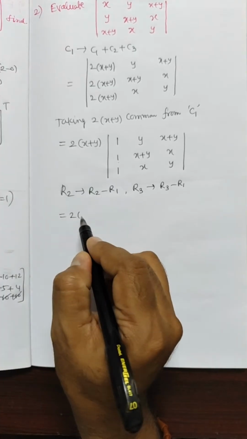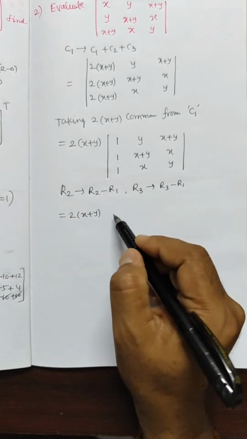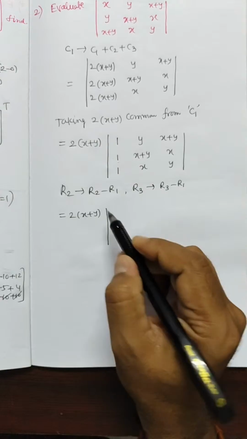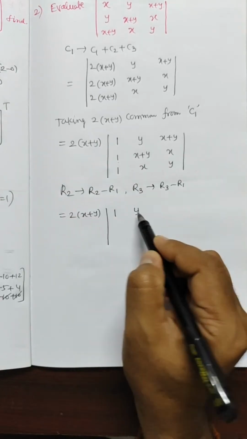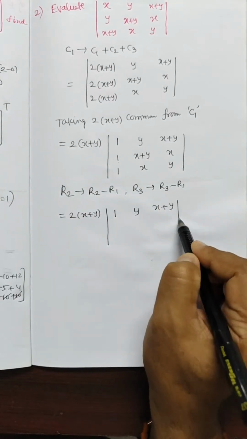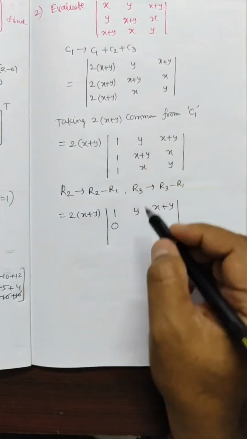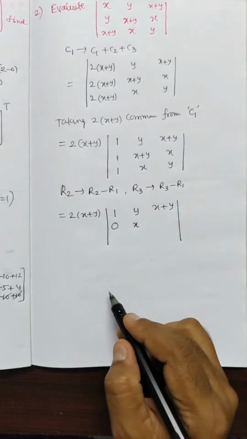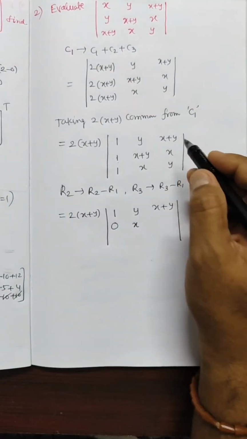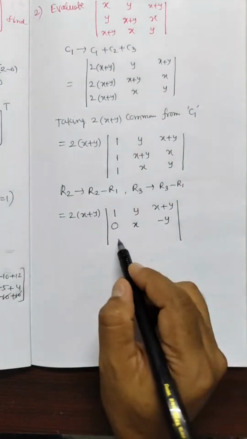So after doing this step, 2 times x plus y, R1 as it is: 1, y, x plus y. R2: 1 minus 1 is 0, x plus y minus y, that means x, then x minus y, so minus y will come.